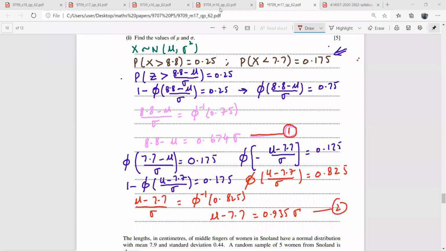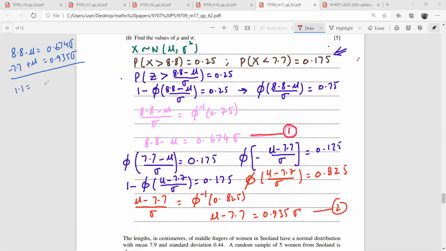If you add these two equations together, 8.8 minus mu equals 0.674 sigma, and mu minus 7.7 equals 0.935 sigma, you have 1.1 on the left.